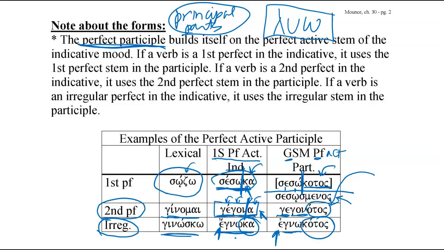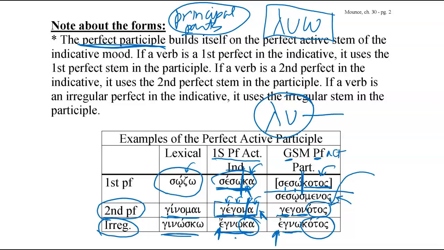So the rule is, for any form, it doesn't matter what mood, go to the principal part for a particular tense, see the stem. If it's a verb like luo, then you don't have to worry about anything. The stem for any principal part is going to be lu all the way through.